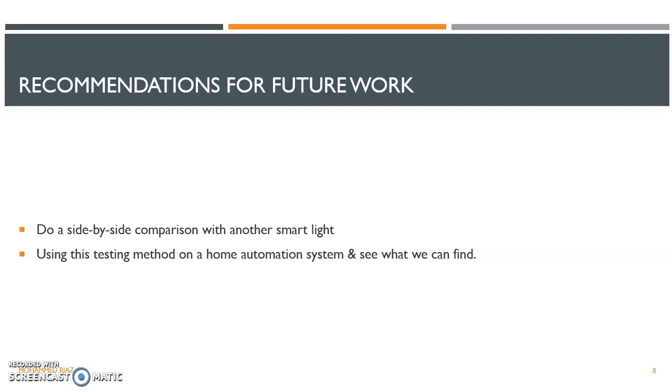The reason for choosing a Philips smart light bulb is simply that when carrying out my literature review, there was a lot of literature based on the Philips smart light. As a result, it gave me a much better idea on how to maneuver and to see whether a high-end smart light is actually a lot more secure than a low-end one. I think that would be a very good study to see.